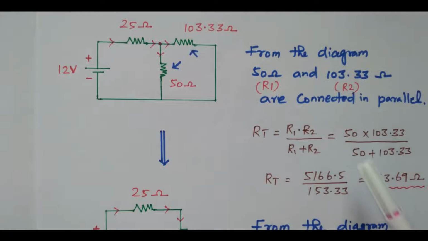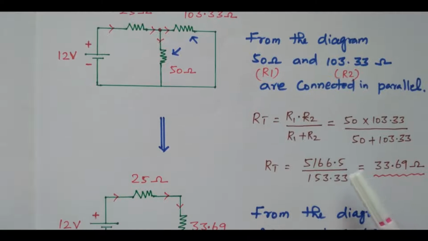Now we'll find the equivalent resistance. What is the equivalent if it is connected in parallel? R1 R2 divided by R1 plus R2. 50 into 103.33 divided by 50 plus 103.33. So that is 5166.5 divided by 153.33, which is nothing but 33.69.